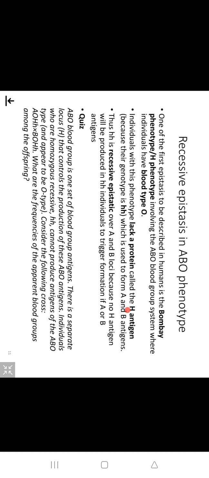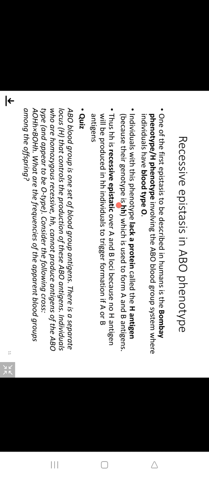And this H antigen is the one used to form antigens A and B. In other words, it says, let the gene in the other locus be expressed. If the genes in the other locus were for blood type A, you have blood type A. If they were for B, you have blood type B. Or if it was AB, you have blood type AB.